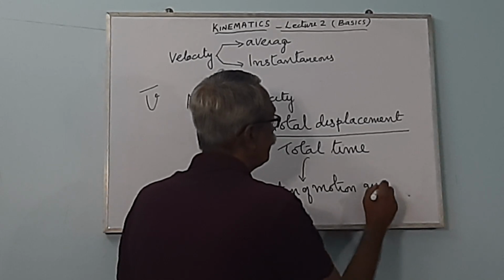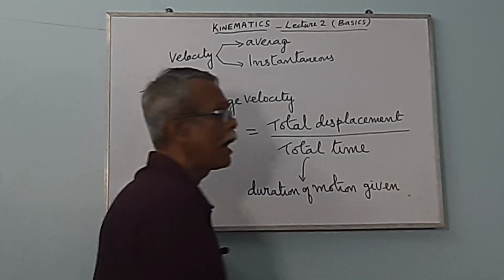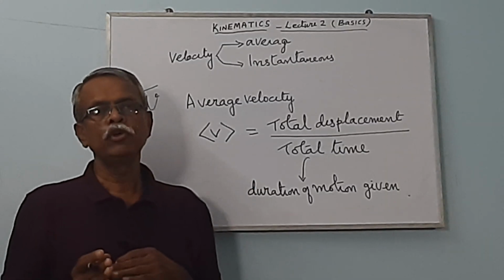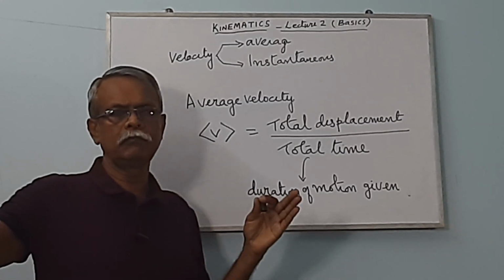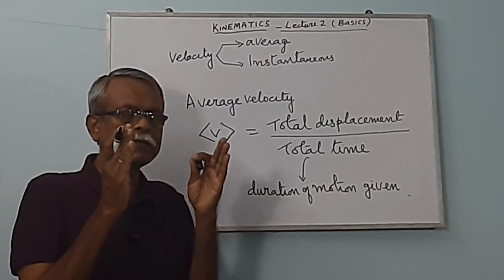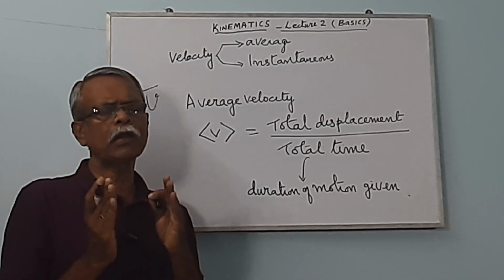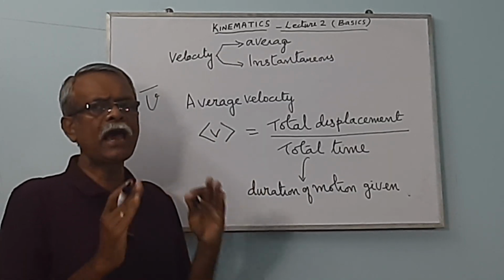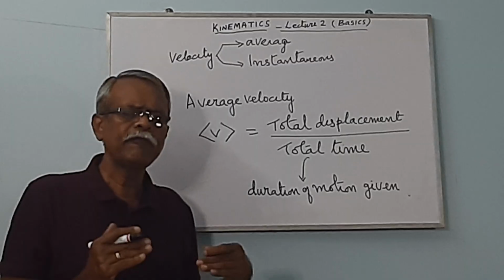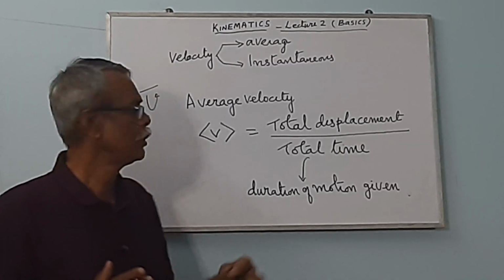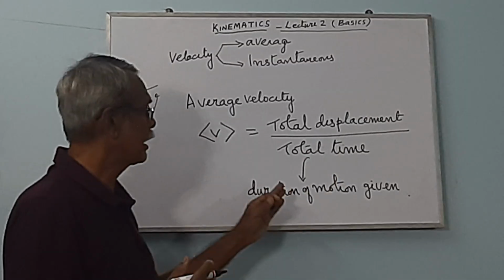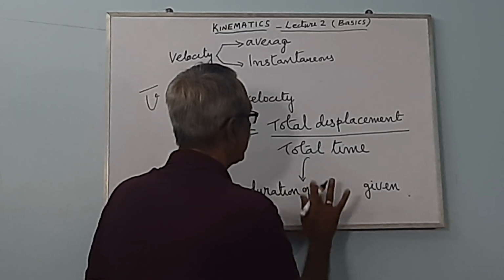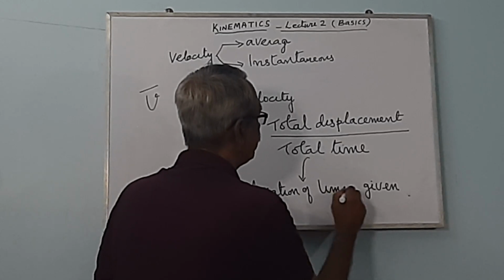For example, if you are asked to calculate the average speed for 10 minutes, you will not be taking the entire duration of motion, but only the 10 minutes. If you are asked to calculate for 20 minutes, you take the time duration as 20 minutes. And the average value will be different when the time duration changes. So, by total time, we are actually meaning the duration of time given.